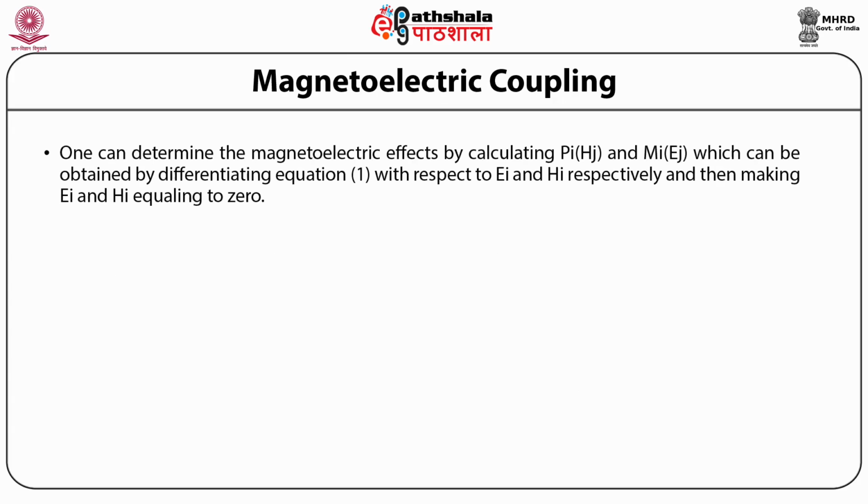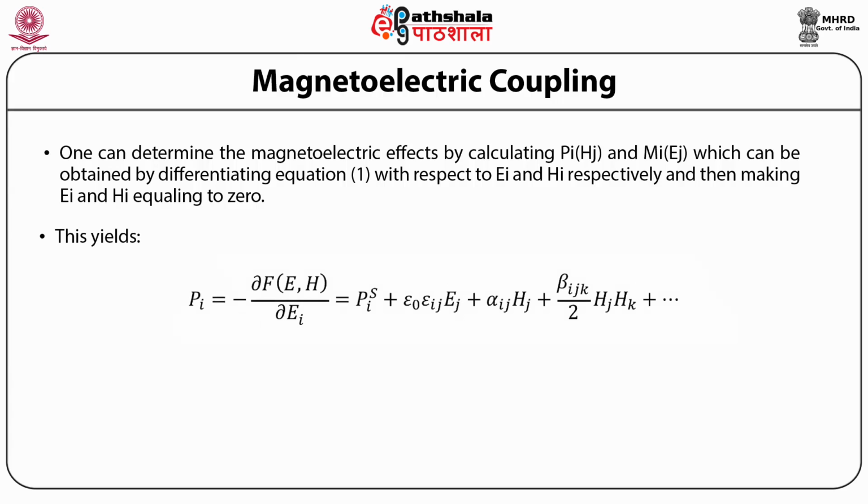Now, one can determine the magnetoelectric effects by calculating Pi as a function of Hj and Mi as a function of Ej, which can be obtained by differentiating the previous equation with respect to Ei and Hi respectively, and then equating Ei and Hi to 0.